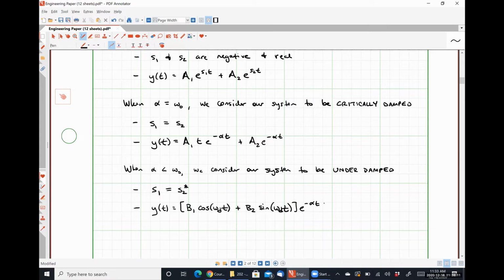So the cosine and sine part come about from applying Euler's identity.